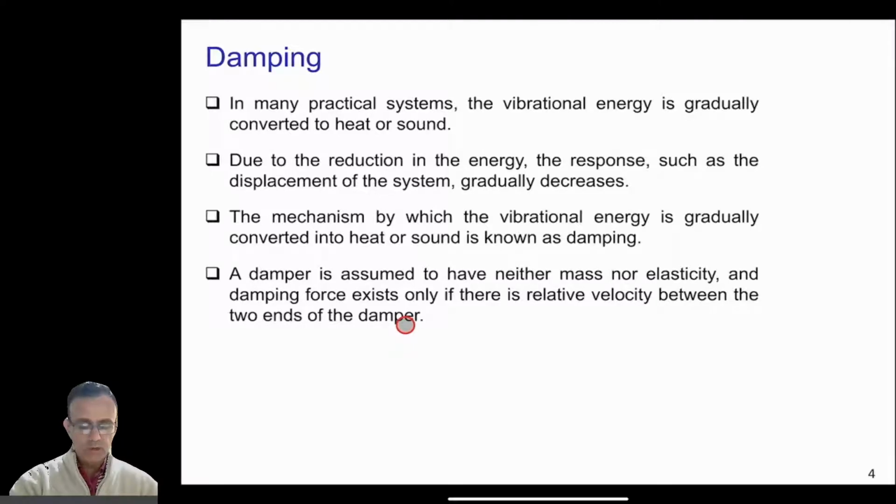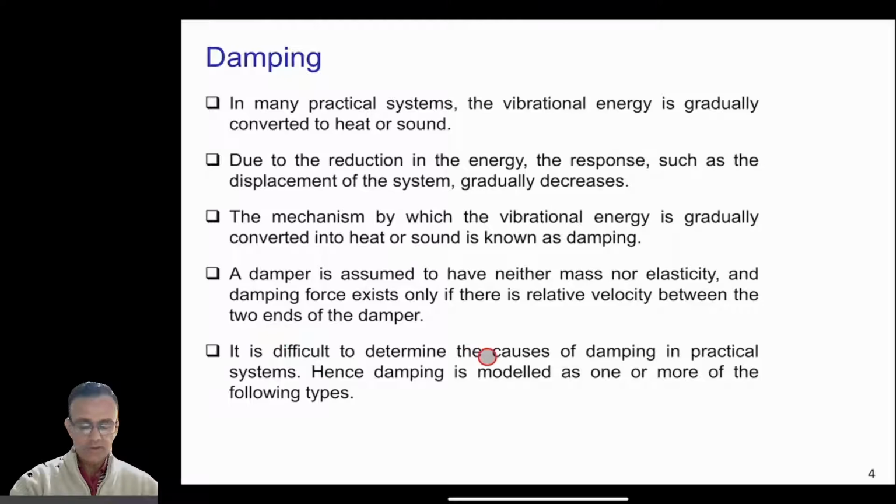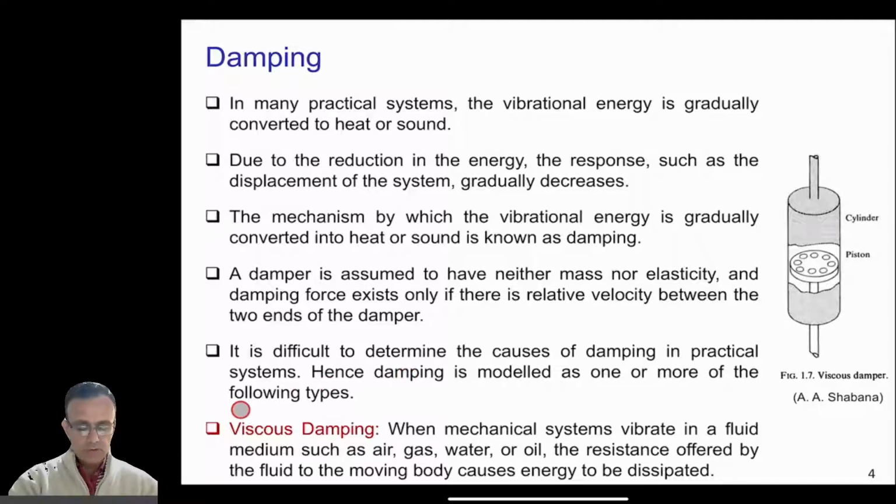So it is typical to determine the cause of damping in a practical system. Hence damping is modeled as one or more of the following types. In our case, we will model damping as either viscous damping. Viscous damping is, as you can see in this diagram here, it consists of a cylinder and a piston, and there will be some fluid inside the cylinder.